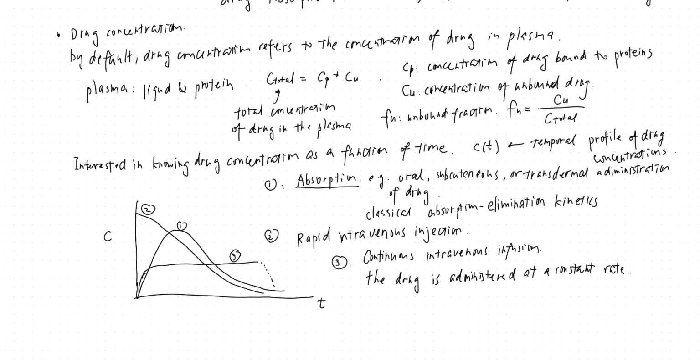If the two rates are the same, people would expect an almost plateaued or constant concentration of drug, as shown in curve number 3. And once the infusion is removed, the concentration of the drug in the plasma immediately drops. So these are the three typical ways that the concentration of drugs evolves with time in the body.